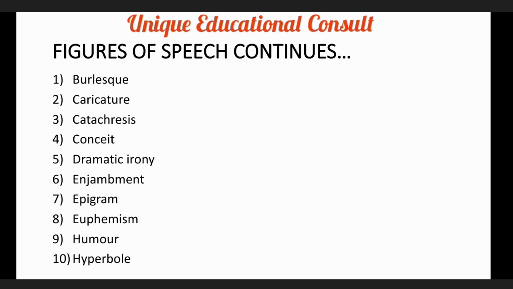That is, what the character in a literary work wouldn't have known is seen by the audience, or, if it is a text, is known by the reader. But to the character himself or herself, that is not clear.